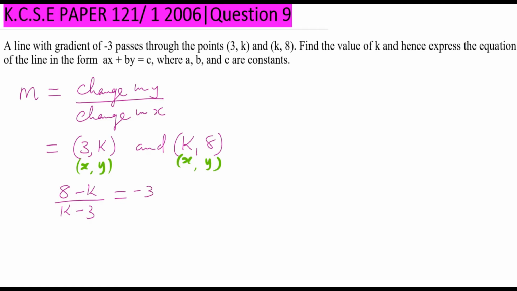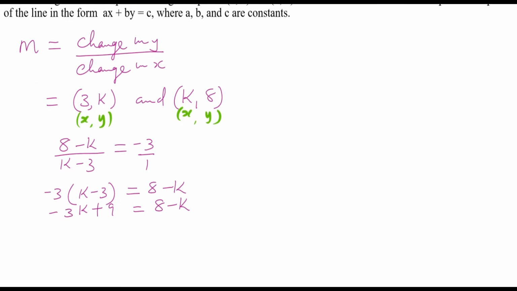Now we need to solve this and get k. To solve this, you can just put -3 as over 1, and then cross multiply. So -3 multiplied by k minus 3, then 1 times 8 minus k. This gives -3k, and you open the brackets, plus 9 equals 8 minus k.